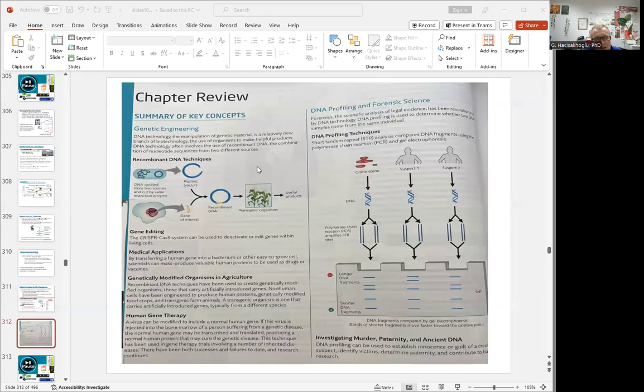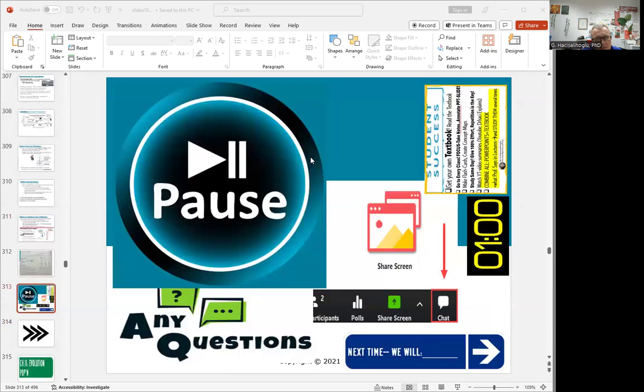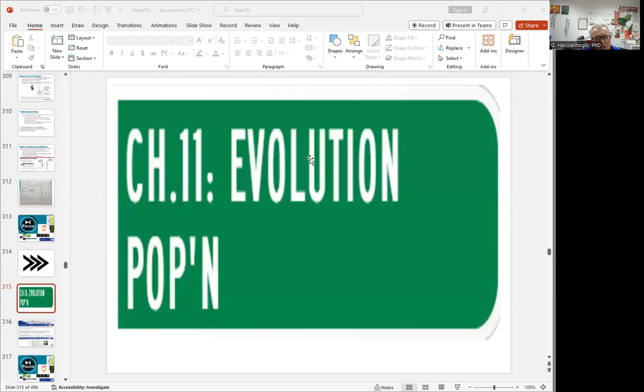So there is a summary of this whole chapter 10, also here in your slides, in Canvas, and in your study guide. That's chapter 10. Chapter 11 and chapter 12 go together. They are both about evolutionary biology. Chapter 11 is evolution of populations. Chapter 12 is macroevolution.